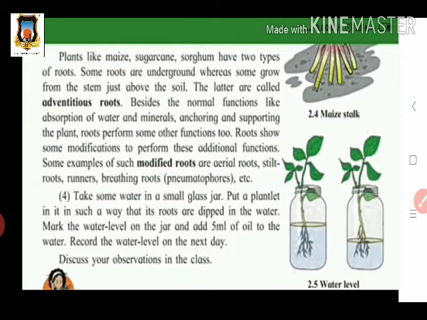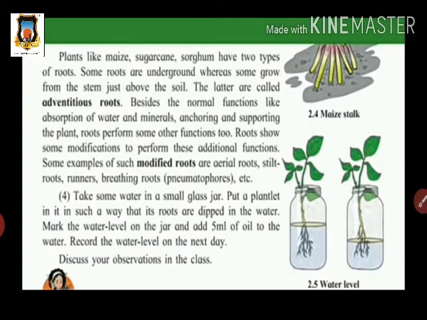For this activity, take some water in a small glass jar and put a plantlet in it in such a way that its roots are deep in the water. So here you should do this activity.